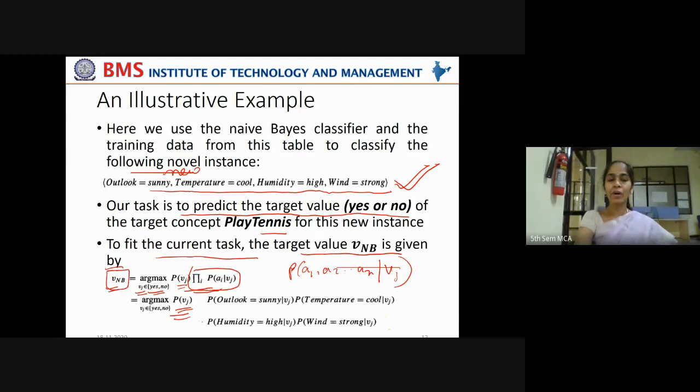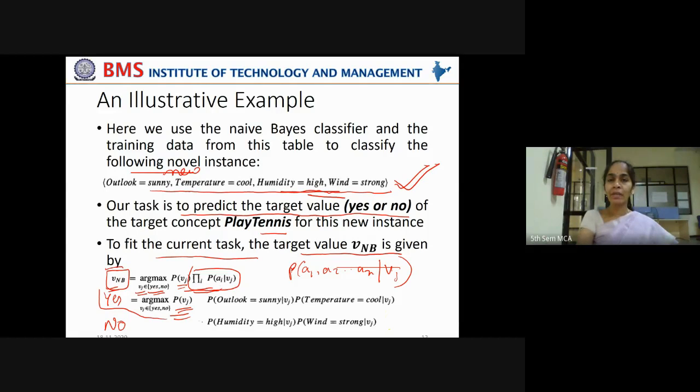V_NB means you are calculating it for yes, one outcome, and you are calculating it for the outcome no also. Now let us take the condition when we are calculating with yes, meaning what is the probability of this new instance's outcome label being yes?